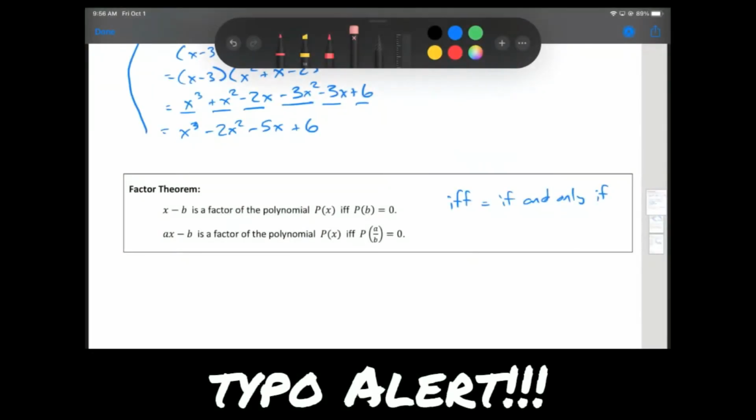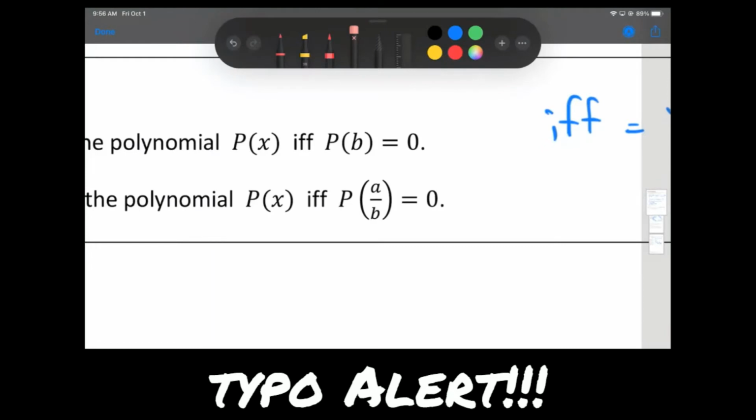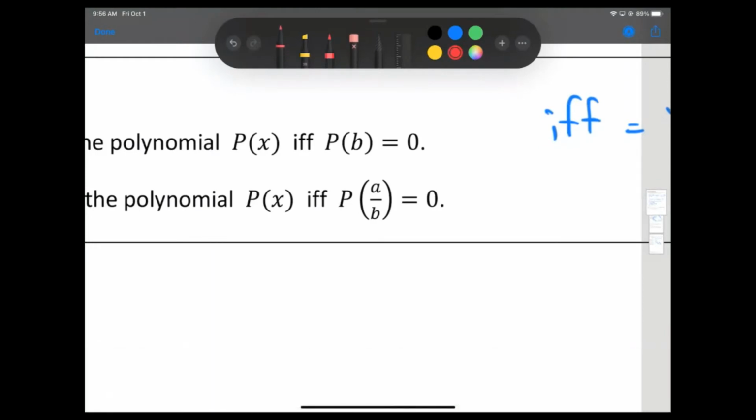Oops. Let's fix the little typo there. Right here, that says the wrong thing. It says the polynomial evaluated at a over b. That should be the polynomial evaluated at b over a equals 0. So just make that little note in whatever you're writing right now.